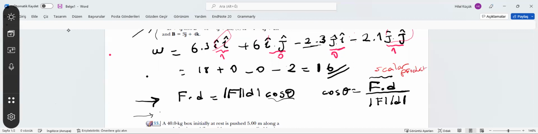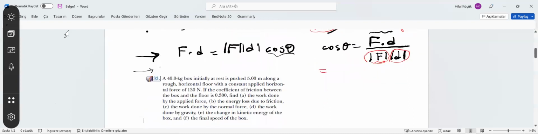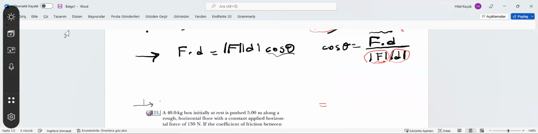We already found this one. Okay, we take it. But this part is just magnitude. You need to find its magnitude, and then you need to multiply here. Maybe we can do it quickly.